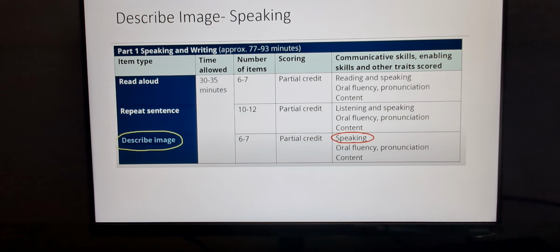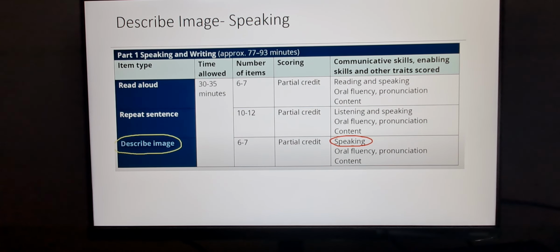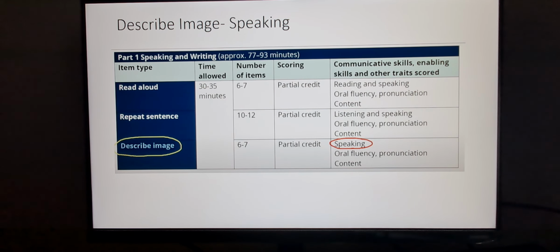So go to that video, see all the questions of describe image which PTE normally gives in their examination. I've given you those questions for free, so you have all the questions back in your hand. So go and make full use of that.